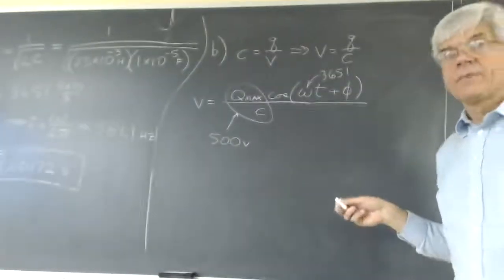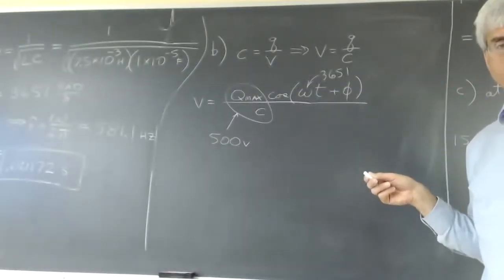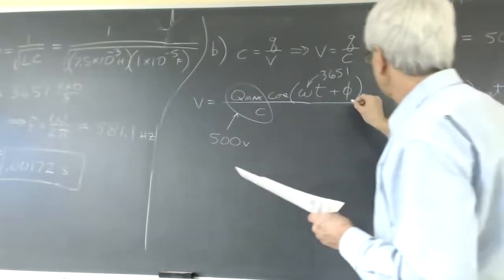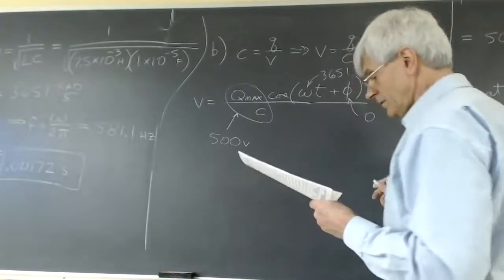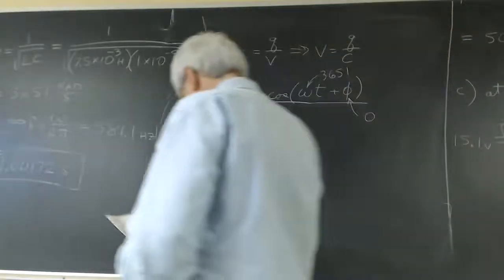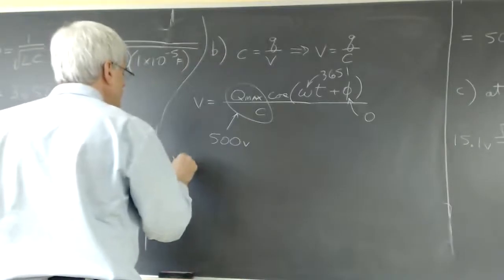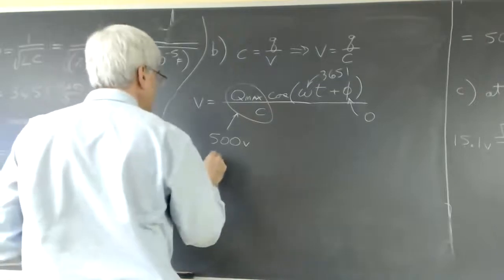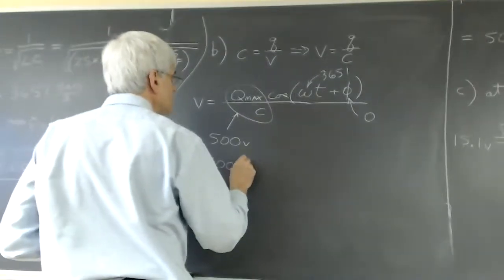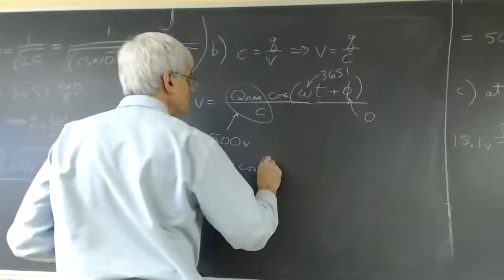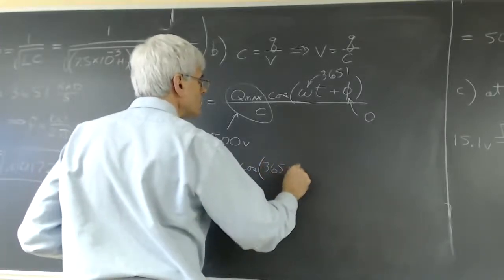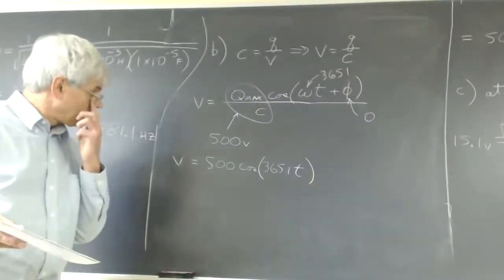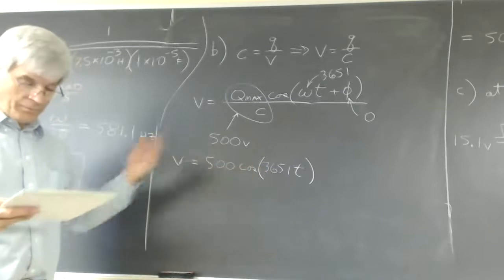And if you start the clock when the voltage and charge are at their maximum, it just makes the phase angle equal to 0. So the voltage as a function of time, maybe I'll write it out before I stick in the specific time. That's the voltage as a function of time for this particular circuit.